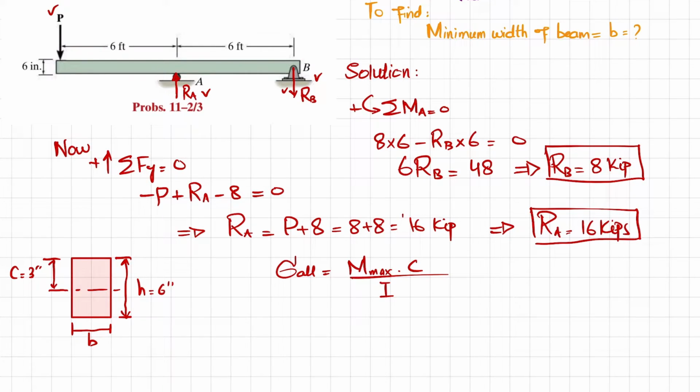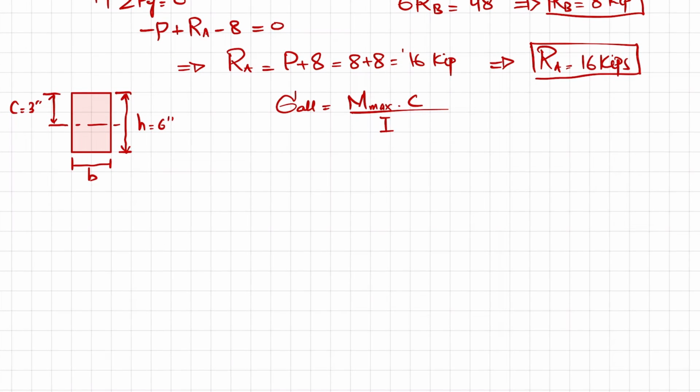For that we do not know the maximum bending moment. So we will draw the shear force and bending moment diagrams in order to get this. For that I have to draw the beam. This is the total beam. At this point we have a load of 8 kips.